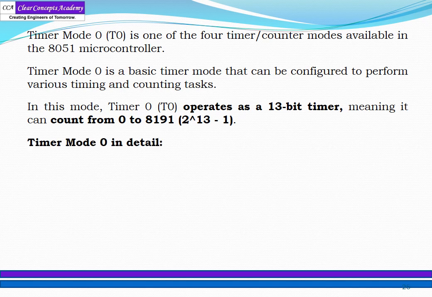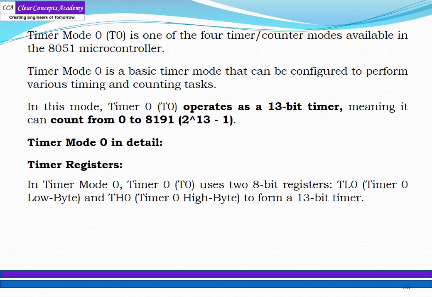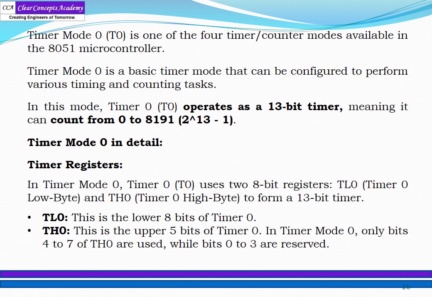Timer mode 0 in detail. Timer registers. In timer mode 0, timer 0, that is T0, uses two 8-bit registers, TL0, that is timer 0 low byte, and TH0, timer 0 high byte, to form a 13-bit timer. TL0 is the lower bits of timer 0, and TH0 is the upper 5 bits of timer 0.